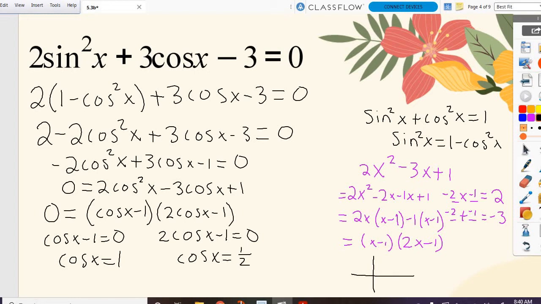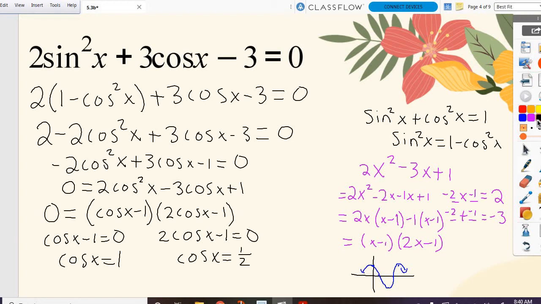to look at our graph for that first one, remember that the different thing about our cosine graph is that it starts and ends at a maximum. Halfway in between is our minimum. And then halfway in between those is our 0.